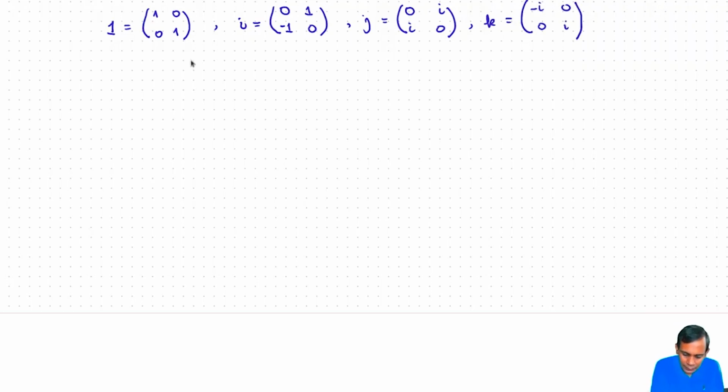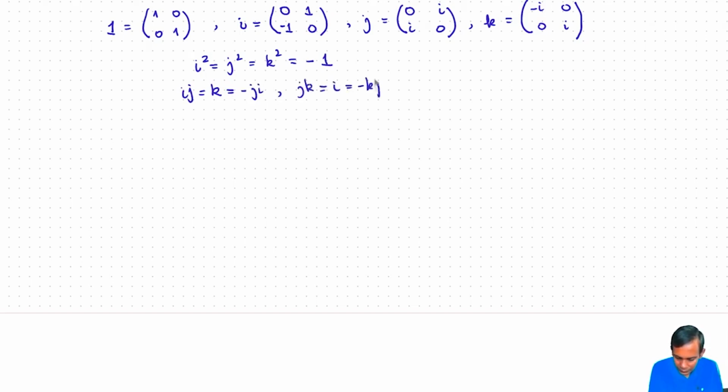And we've seen that these matrices satisfy the relations i squared equals j squared equals k squared is the negative of the identity matrix, and that ij is equal to k, but if you do ji, then it's -k, and then jk is i, which is -kj, and ki is j, which is -ik.